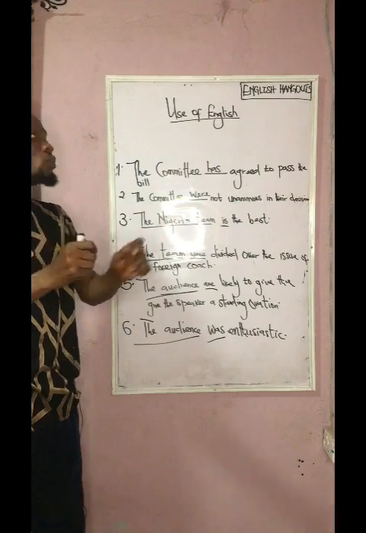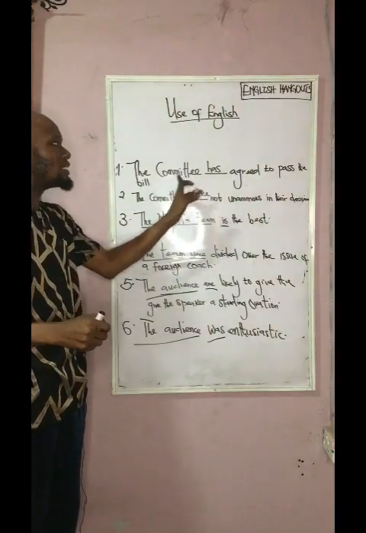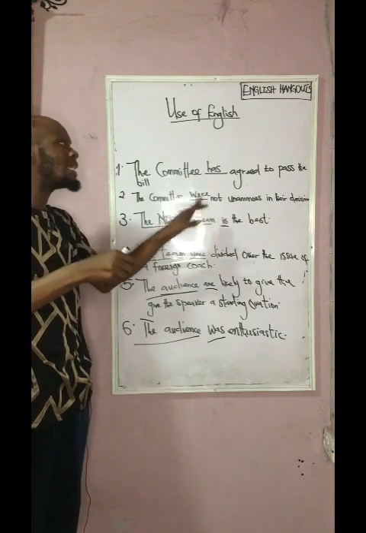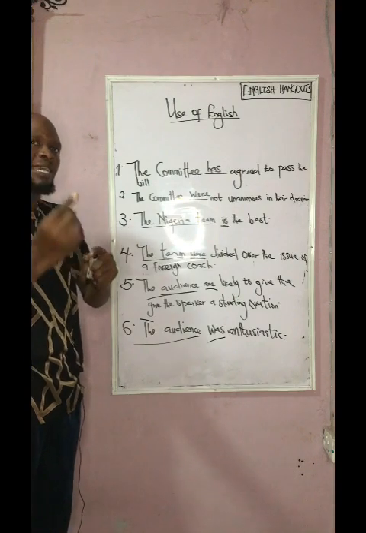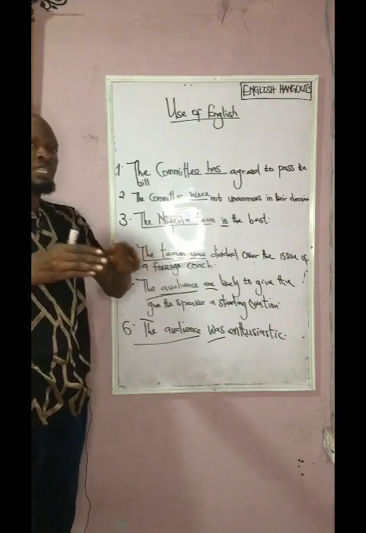That is the scenario that we have here. The committee has agreed. This committee that is serving as the subject of the sentence is functioning as a unit, as an entity. Therefore the committee here is singular. The verb also should be singular.